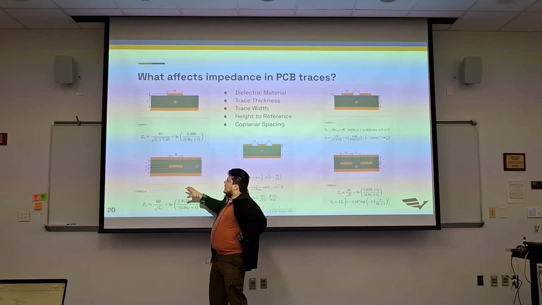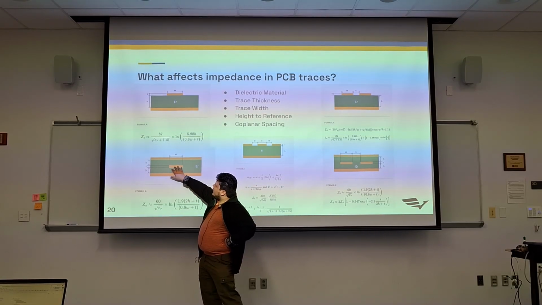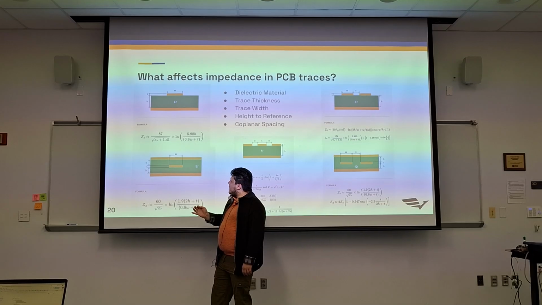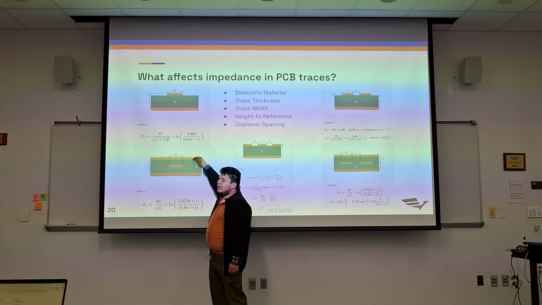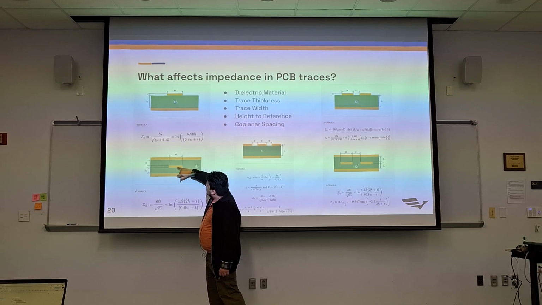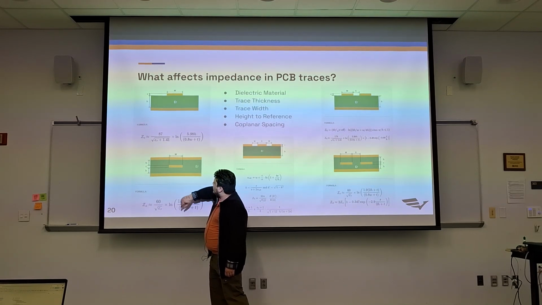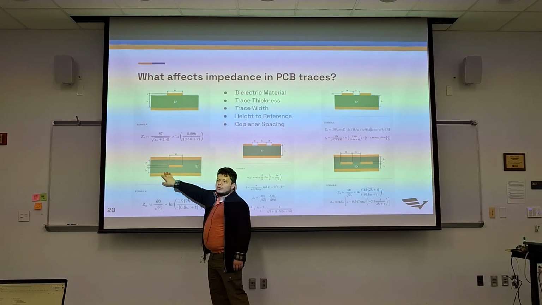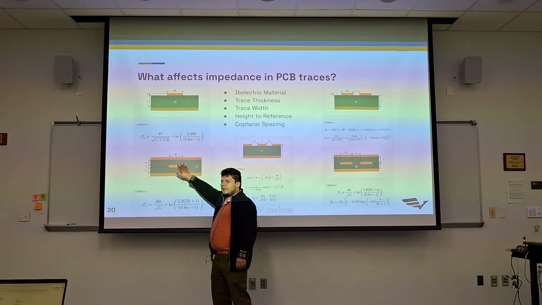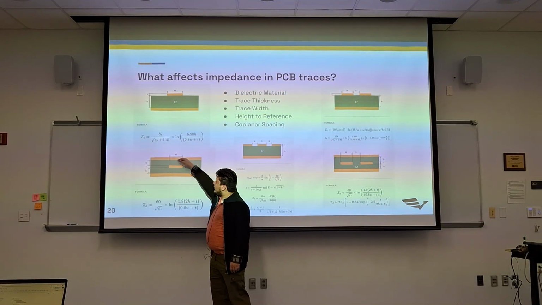So this is going to give you the best impedance control because you're not affected by plating, and it assumes that you have solid ground references. But that does limit how you use your 4th layer or even your 2nd layer. Ideally, you don't want to touch your 2nd layer if you have components, solid ground.